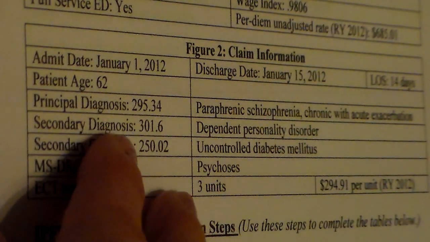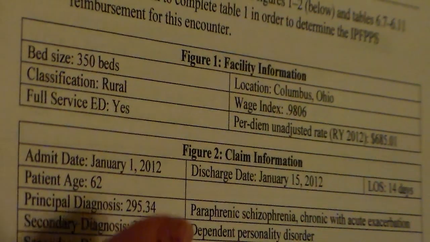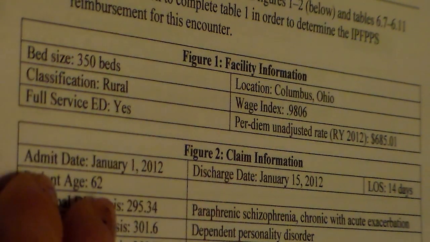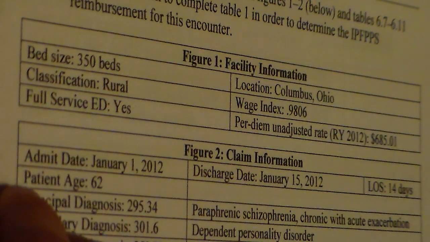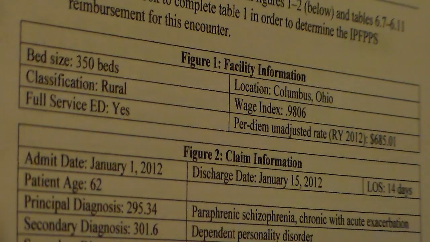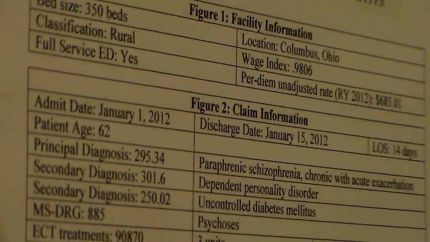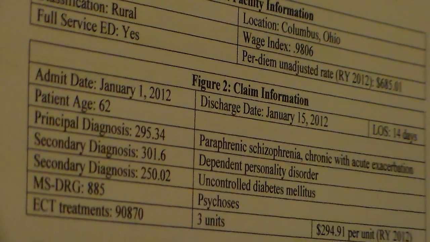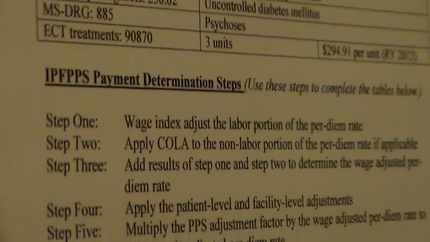So we're given quite a bit of information, and what we're going to do is use these two figures and tables from the textbook to plug in the data in some of our calculations as we're figuring out what the reimbursement would be for this particular stay.